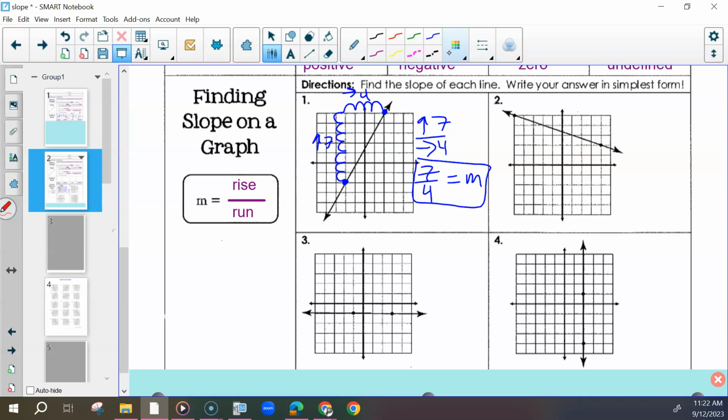So that was us looking left, right. If we go the opposite way and we start at this point, we always have to do rise or run, whether that's going up or down. So I would count how many units down. And then how many units to the left.